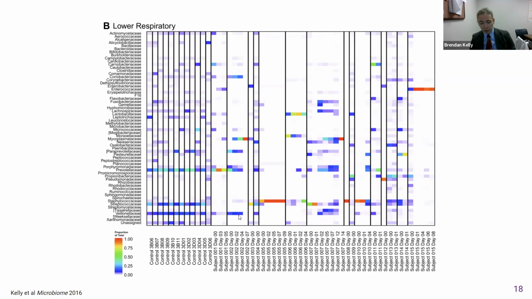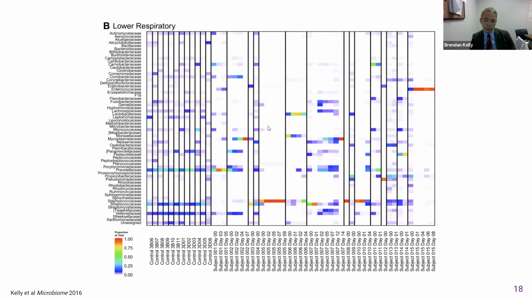That's in contrast to the ICU subjects, where we found that in many subjects we had dominance of a single bacterial family, or in most cases, a single strain, a single amplicon sequence variant that was present in many subjects over time. So here's Staphylococcus, and this was Staph aureus, over every day this patient was sampled. Here, somewhat surprisingly, was Enterococcus dominant in this patient every day they were sampled.